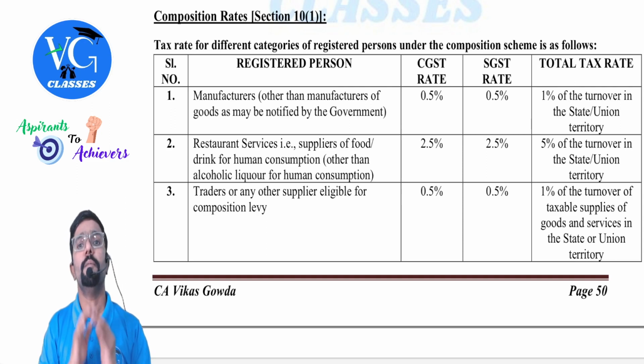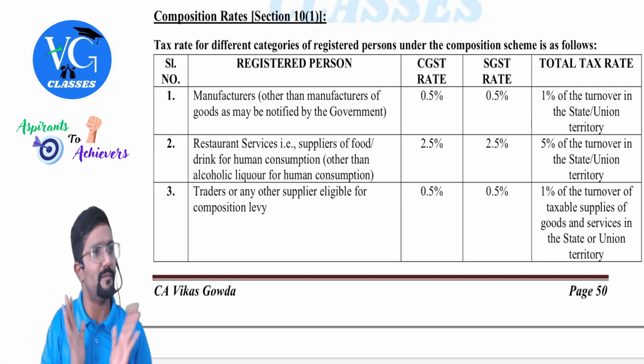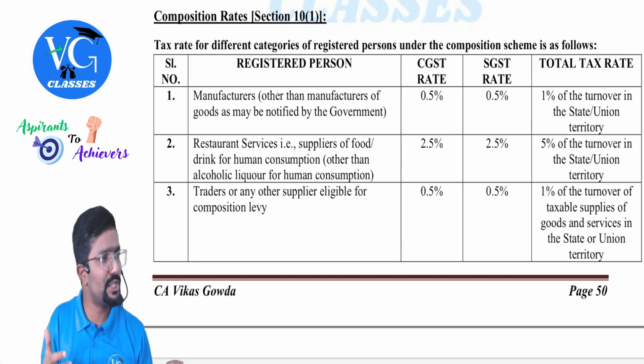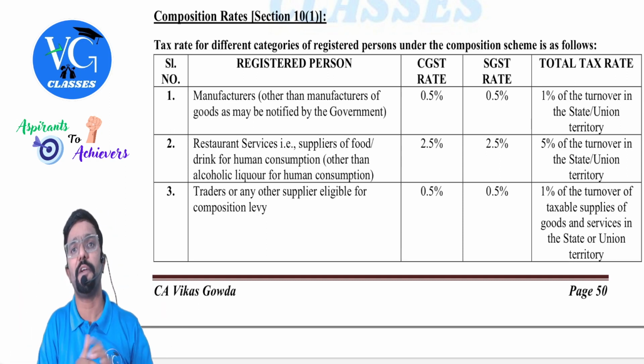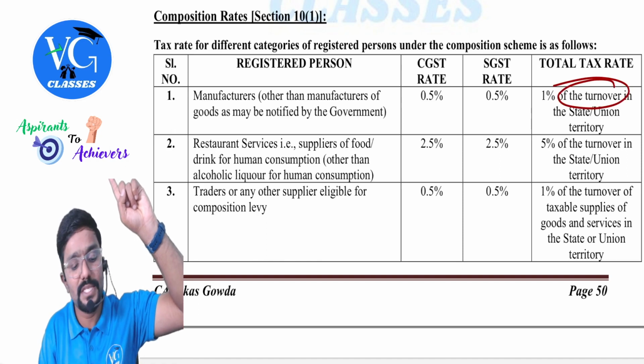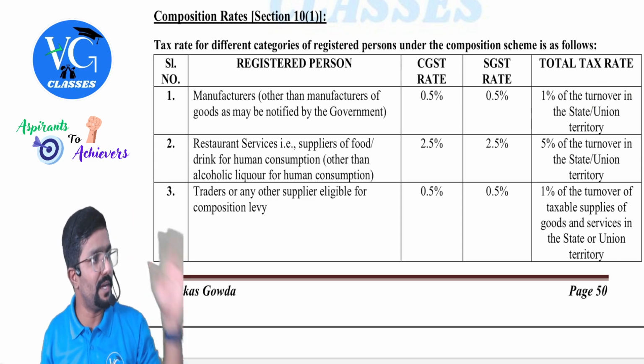So if you are a manufacturer of any goods other than back tip, you are eligible for this. What is the rate applicable? 1% total. Or if you take a breakup, CGST 0.5, SGST 0.5. 1% of what, people? Turnover in the state or union territory.